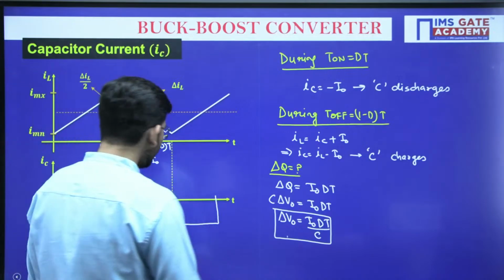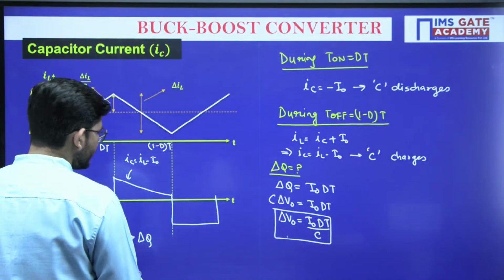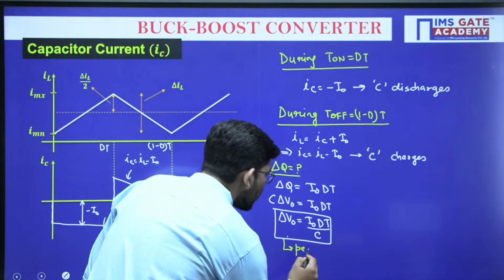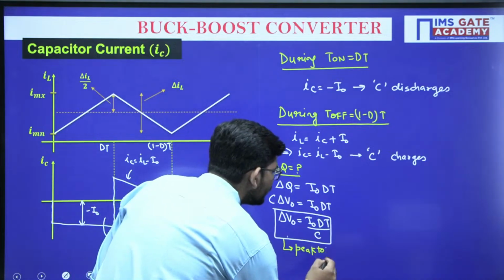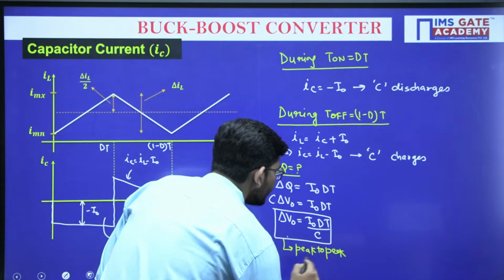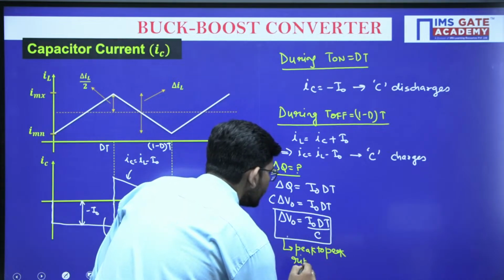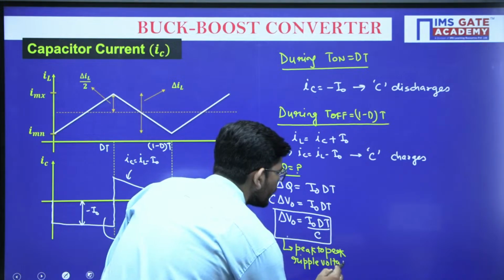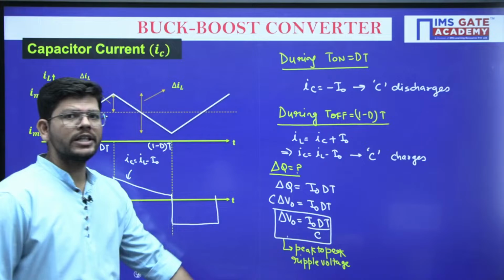And what do we call del V naught? Del V naught is nothing but the peak to peak ripple voltage.